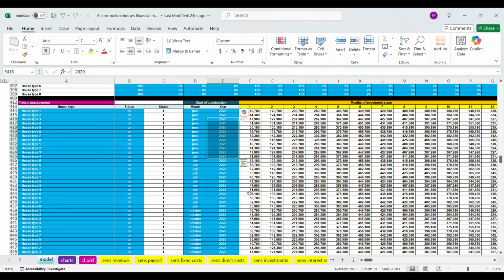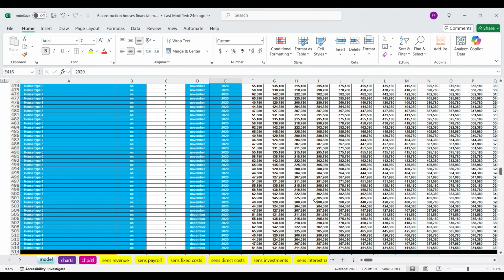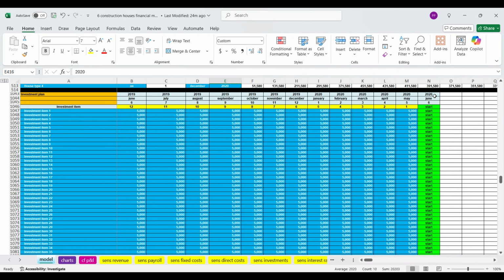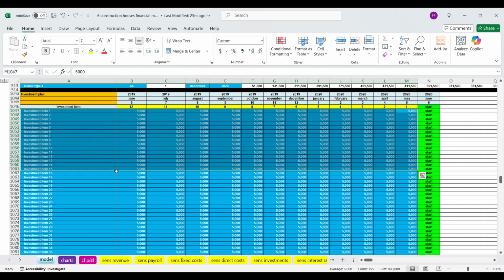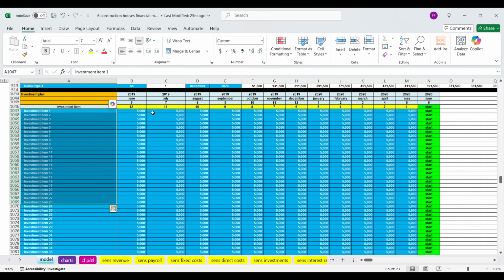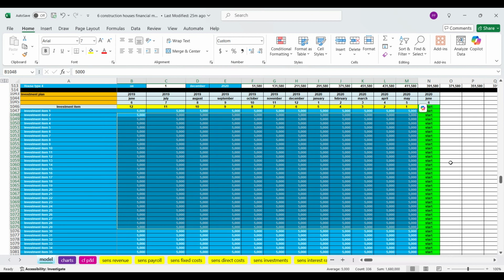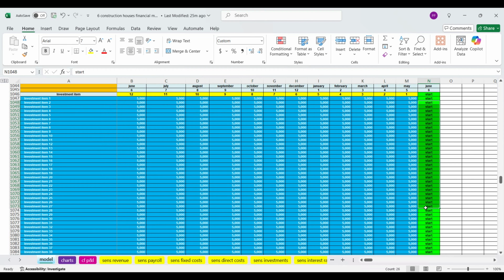So once we specify what houses and when we start building, then we have this month and year, and Excel starts counting months to the past, and here we can specify what we are investing in and how much. And this is the moment when we start building the first house.